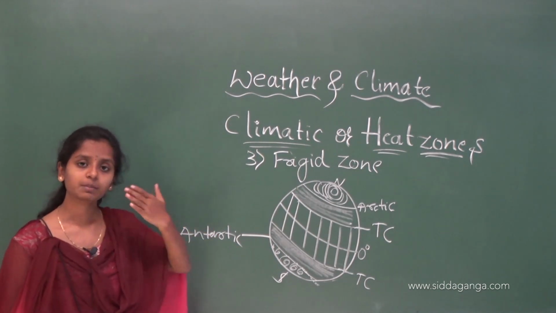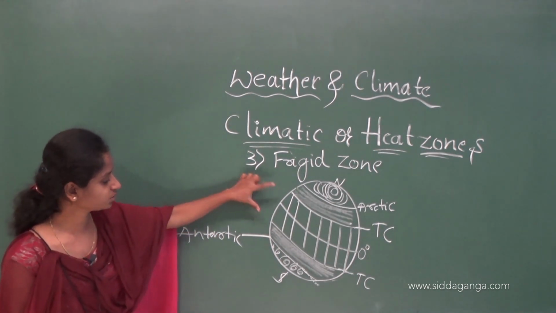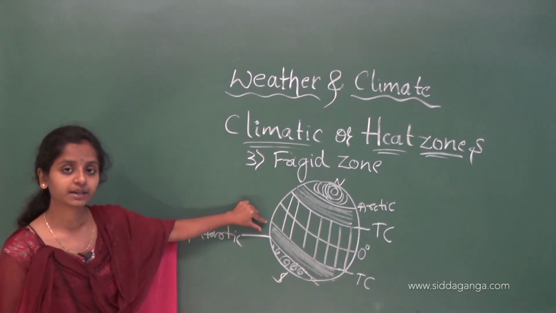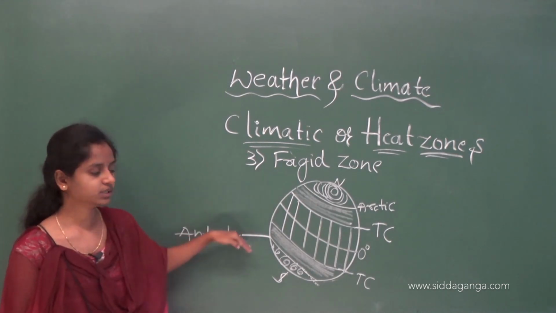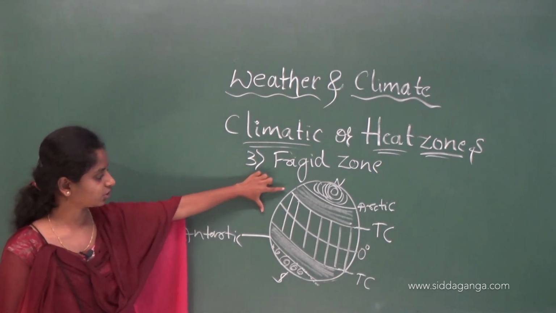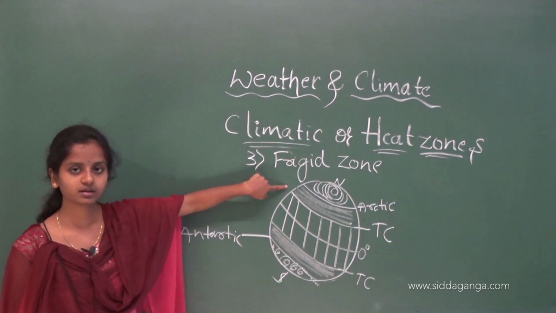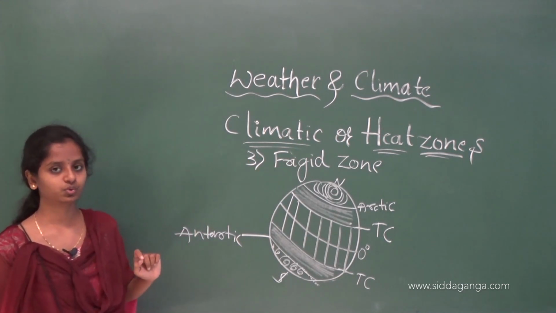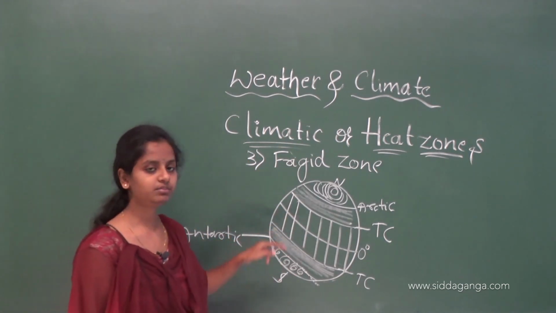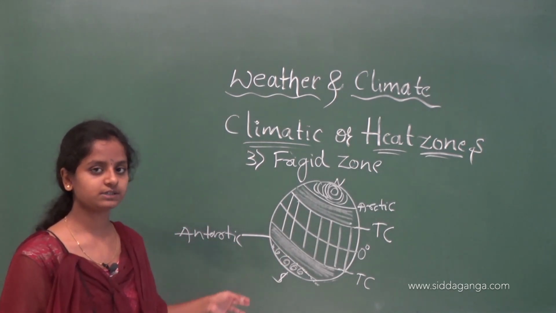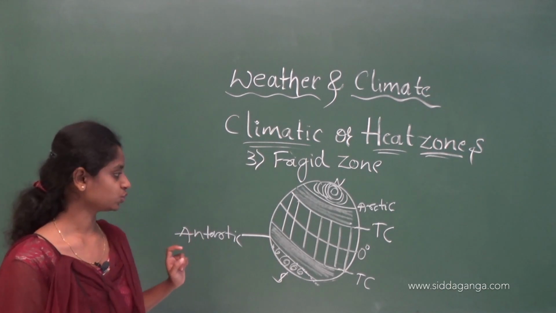And between the Torrid Zone and the Frigid Zone, there lies a Temperate Zone in both hemispheres. So, these are the three main zones of Earth.